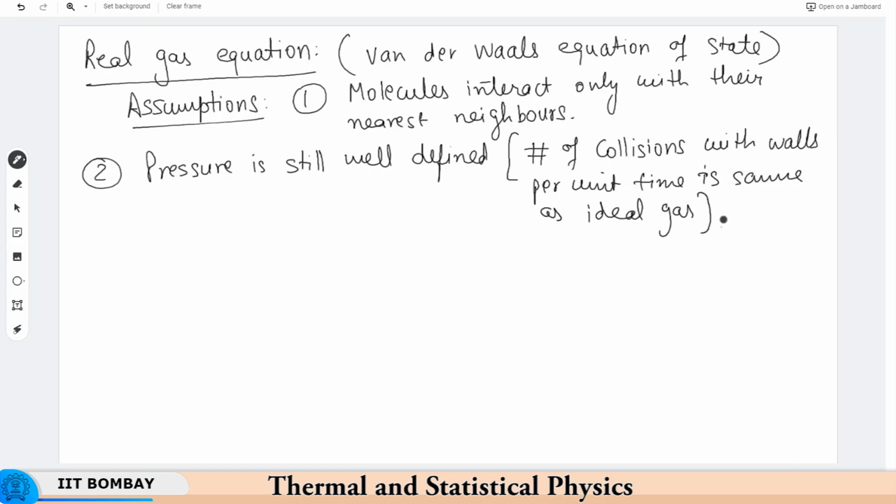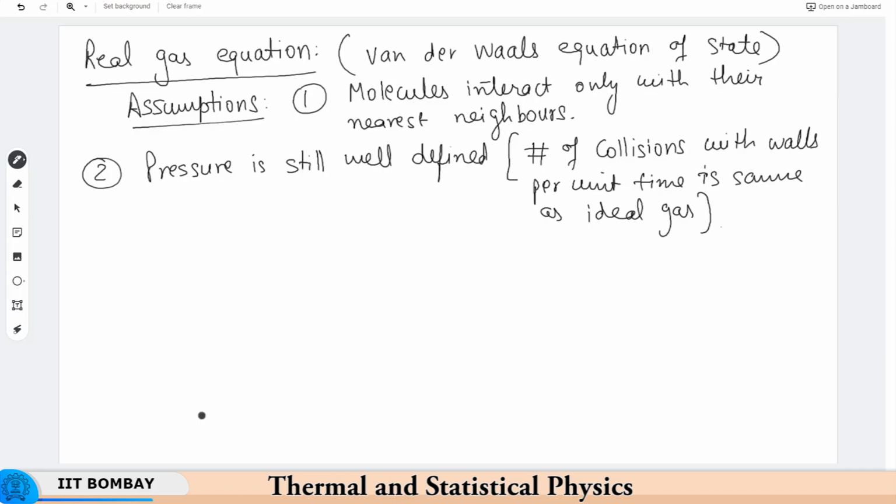So we are assuming that even though we are very close to the critical point, these gas molecules continue to impart momentum to the walls of the container and continue to impart some pressure which is well defined. So in some sense, we are still assuming the gas remains in the gaseous phase, it never really liquefies. So these two assumptions we make.